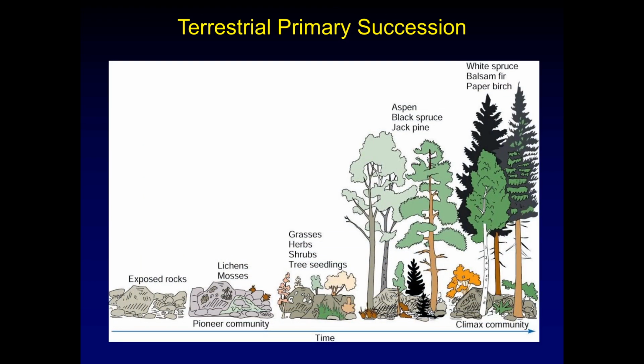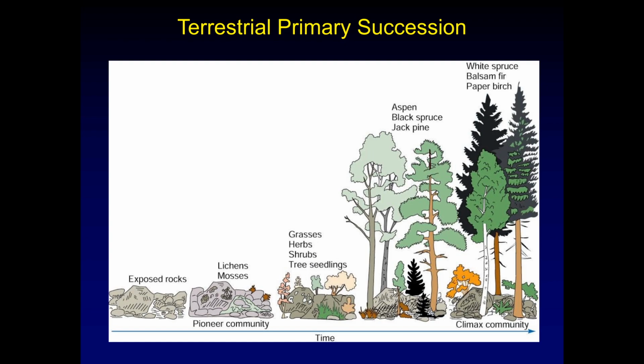So terrestrial primary succession, you have exposed rocks, and then your pioneering community, some mosses and lichens come in, and then that starts to produce soils, which then you can end up with grasses, herbs, shrubs, tree seedlings. Tree seedlings are a little bit later on in that. You're mostly going to end up with like smaller grasses and stuff. As those die, they're going to start to kind of form the base so that more of these things can form with thicker layers of soil.